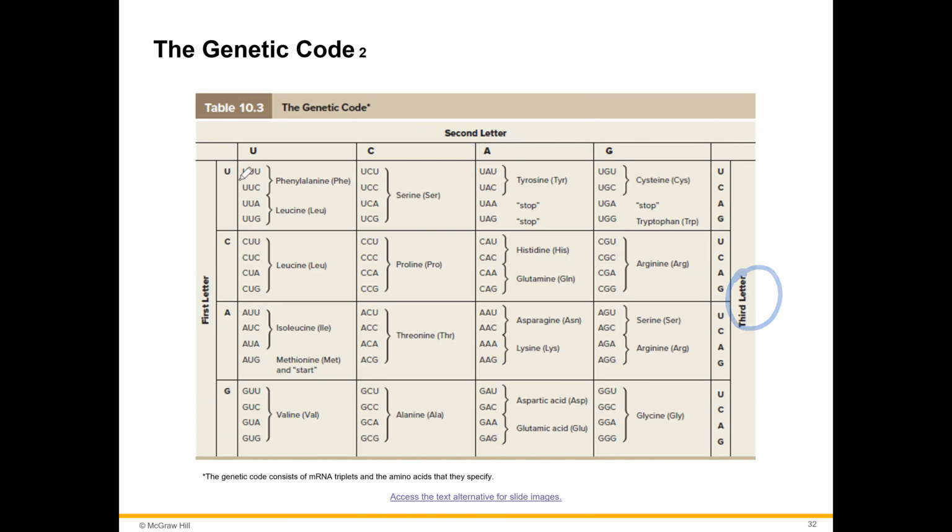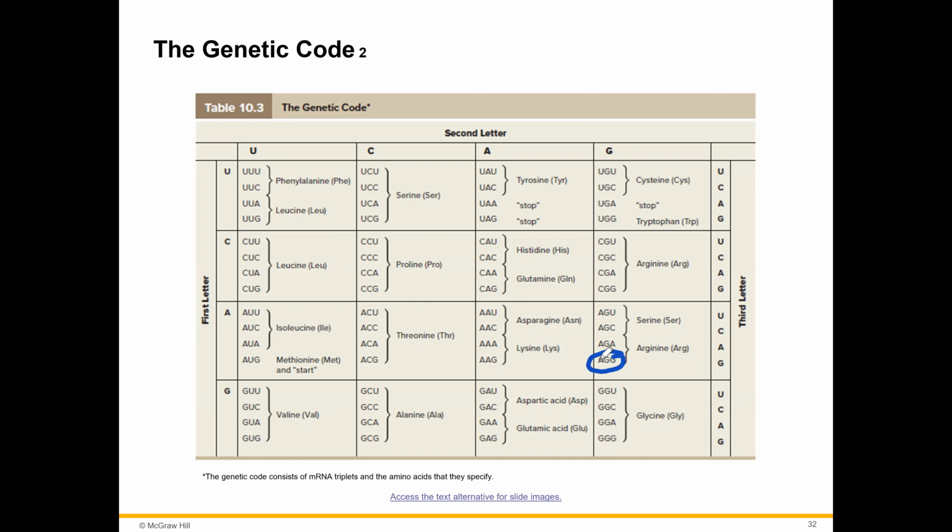UUU and UUC code for phenylalanine, UUA and UUG for leucine, UCU, UCC, UCA, UCG, all 4 code for serine. These 4 code for proline, and so on. We know this for all 20 amino acids, and if you count over here, it's going to be 20 amino acids.